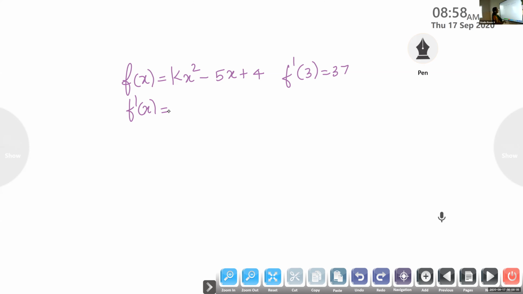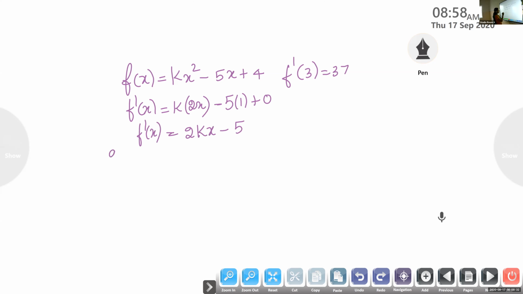K into the derivative of x square, which is 2x, minus the derivative of 5x, which is 5 into 1. The derivative of a constant is 0. So you will get 2kx minus 5. So this is f dash of x.